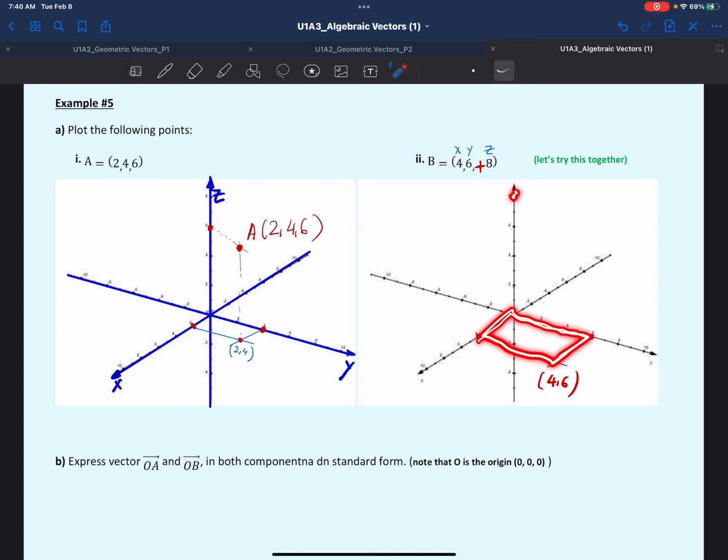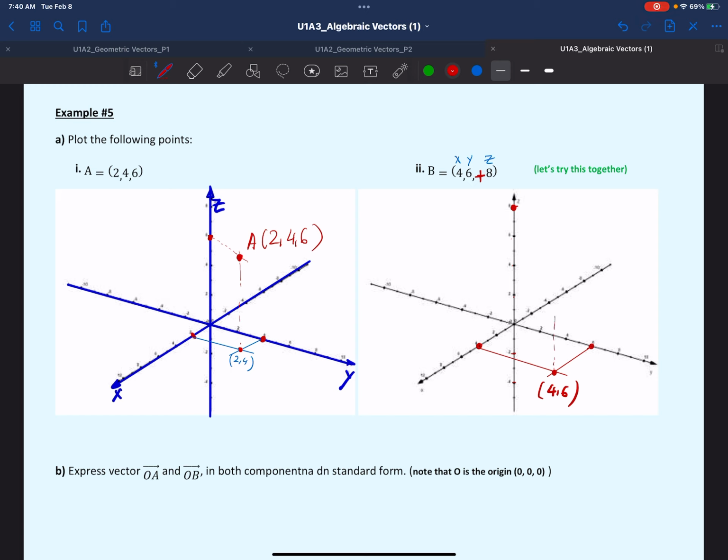So for this, we're going to draw a line that is parallel to this one here, right? So that we can create that prism-like idea. So we're going to go 8 units higher here, as you can see. And basically, this is where the point will be. 4, 6, and 8.